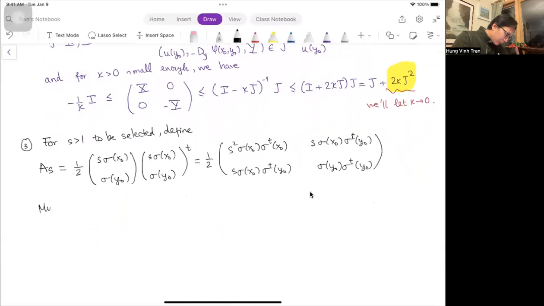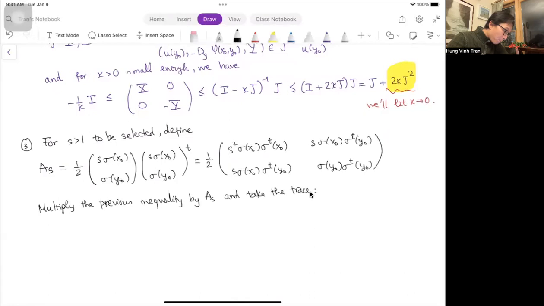Okay, so multiply the previous inequality by A_s and take the trace. So what do we have?